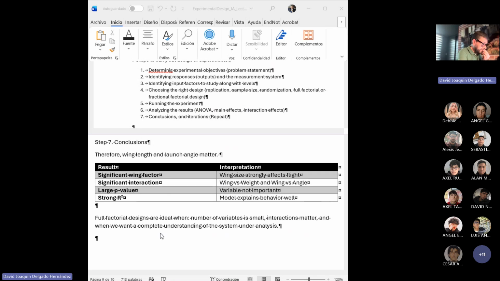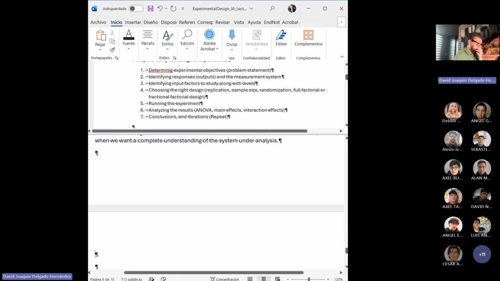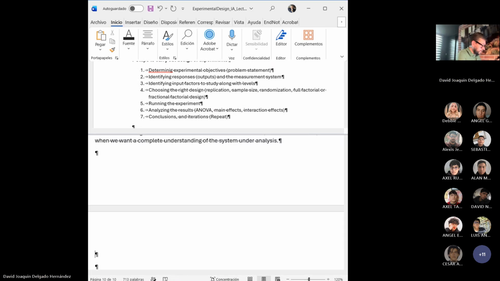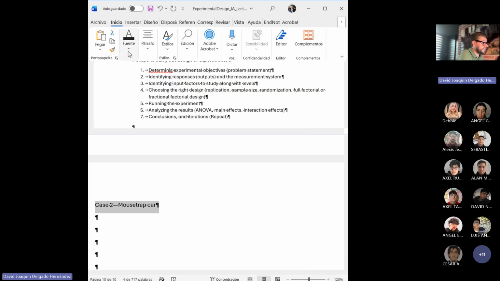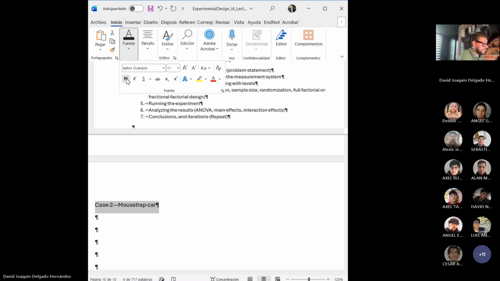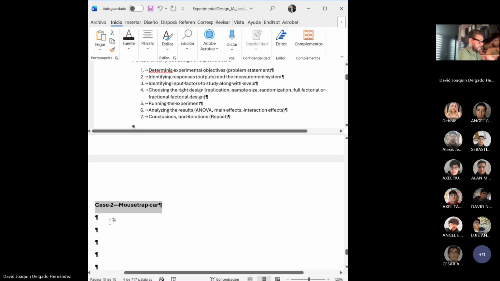So let us now move on to case number 2, which is related to the mousetrap car. Here we are. So let us do exactly the same, following the 7 steps that we have here.